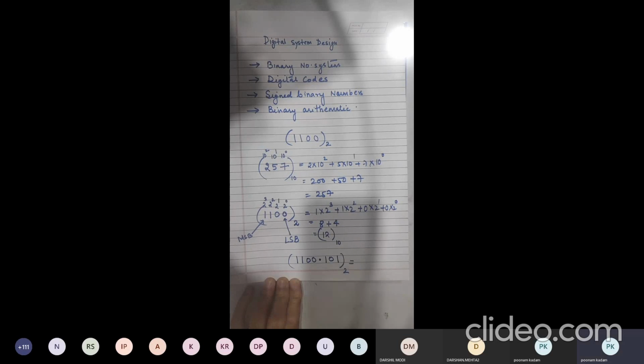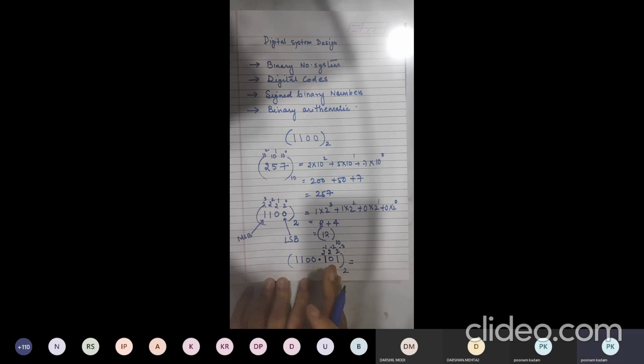So you see, the bit just after the binary point has weight equal to 2 raised to power minus 1. The next successive bit will have weight equal to 2 raised to power minus 2. This will have weight 2 raised to power minus 3. And the bits to the left side of the point, you already know.